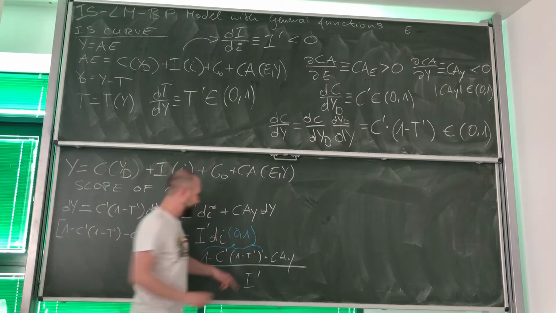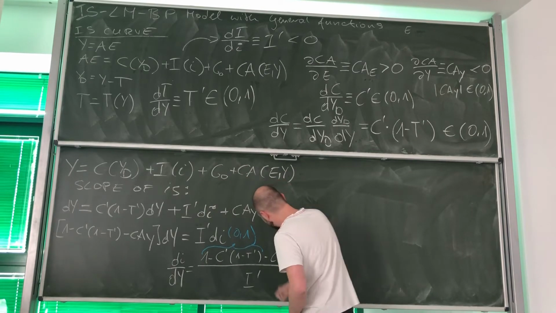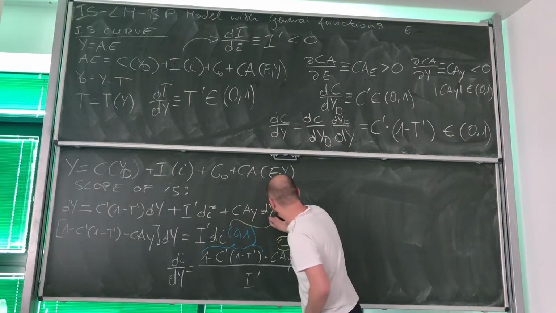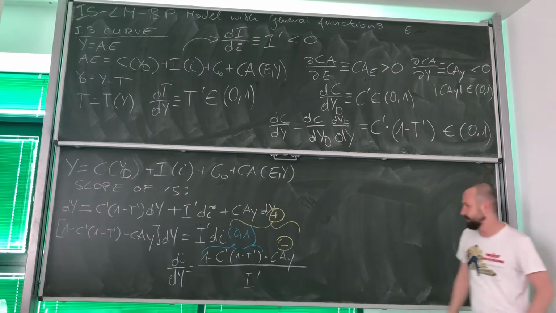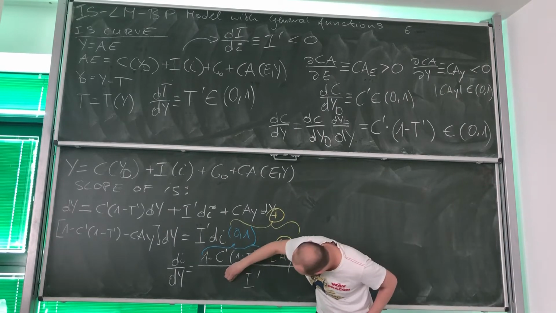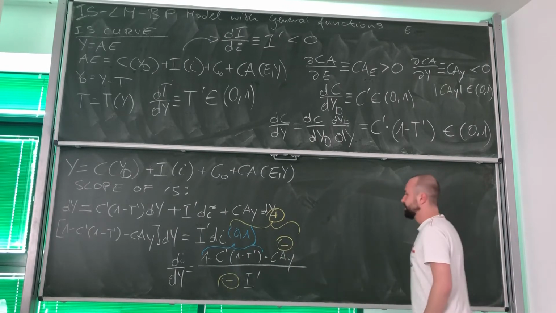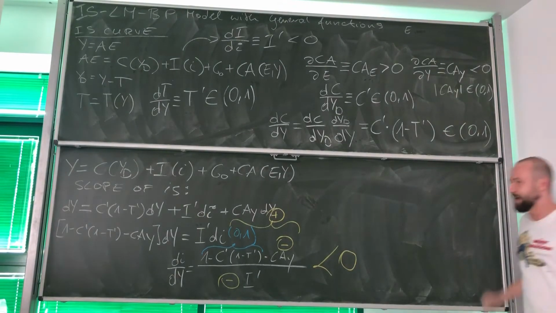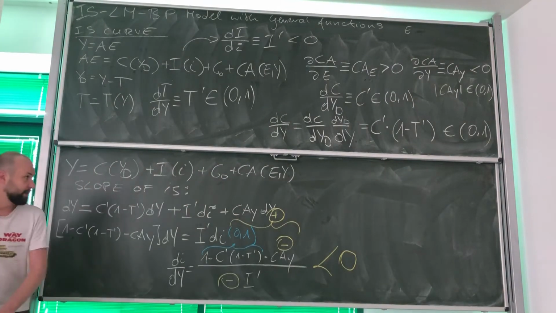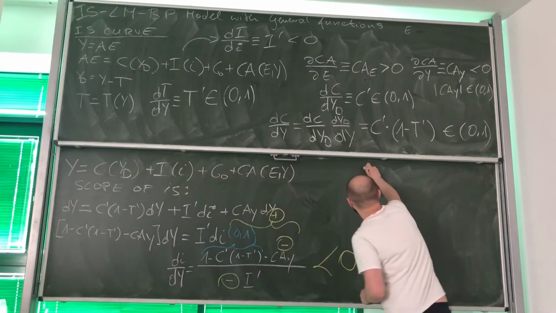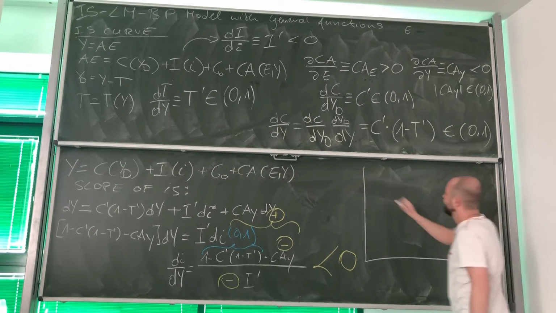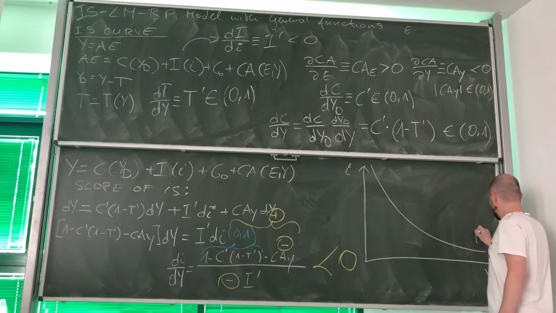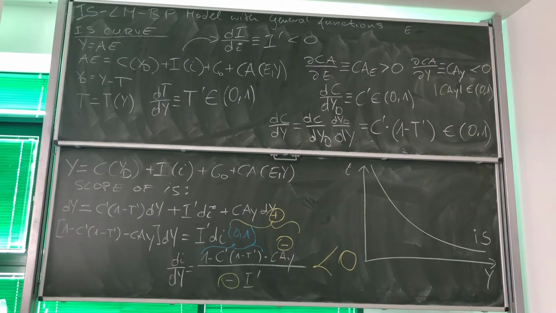We know that this expression is negative. Consequently, minus and minus gives us plus. We know that the upstairs is positive. And finally, this derivative is negative, so positive and negative gives us negative. We know that the IS curve is going to be downward sloping. So in the income interest rate space, the IS curve is going to be downward sloping.